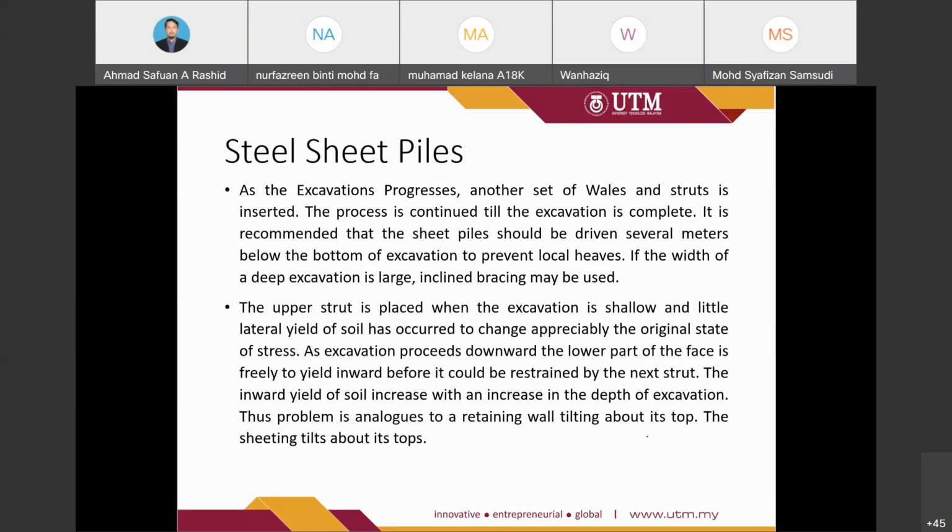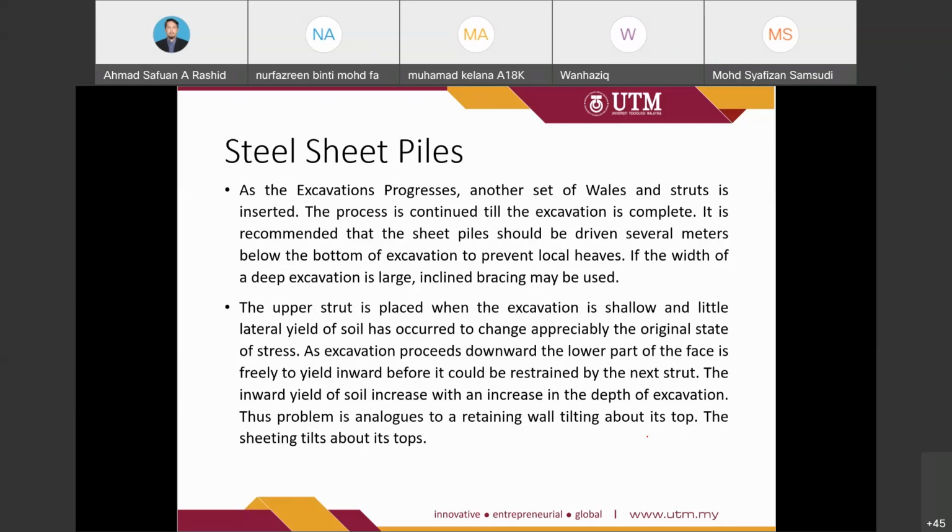The upper strut is placed when the excavation is shallow and little lateral movement of soil has occurred to change appreciably the original state of stress. As excavation proceeds downward, the lateral part of the face is free to yield inward before it can be restrained by the next strut.